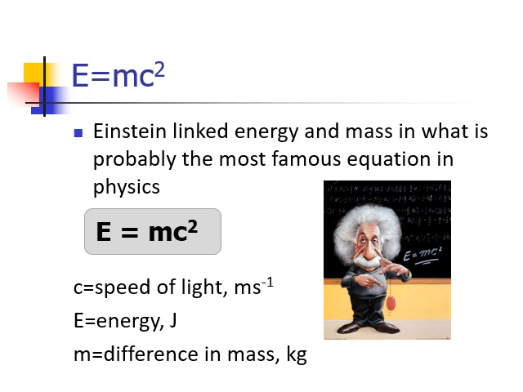And that's using the famous relationship E equals mc squared. So m is the difference in mass between the reactants and the products. In some books you'll see lost mass. The SQA preferred difference in mass, so that's why we're using that term there.